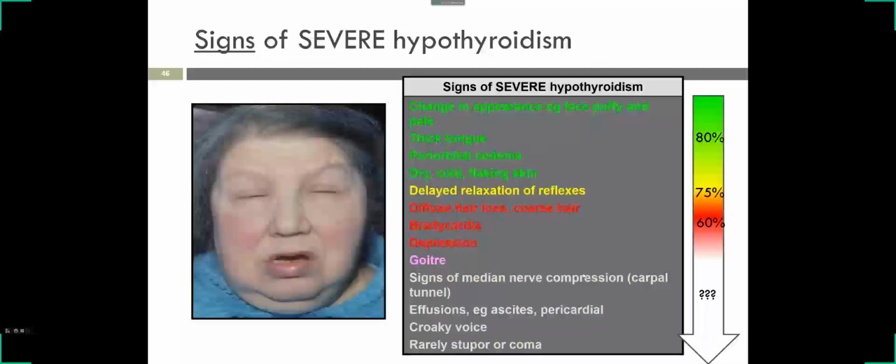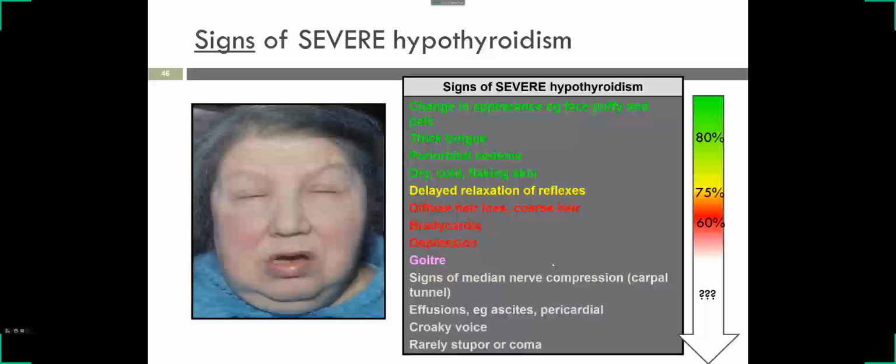Signs of severe hypothyroidism: you have a change in appearance, again, a very puffy face, thick tongue, some edema, dry, cold, flaky skin, delayed relaxation of reflexes, diffuse hair loss, very coarse hair, bradycardia, so your heart rate is all over the place, depression, you get goiter down here in the chin, signs of median nerve compression, so carpal tunnel.